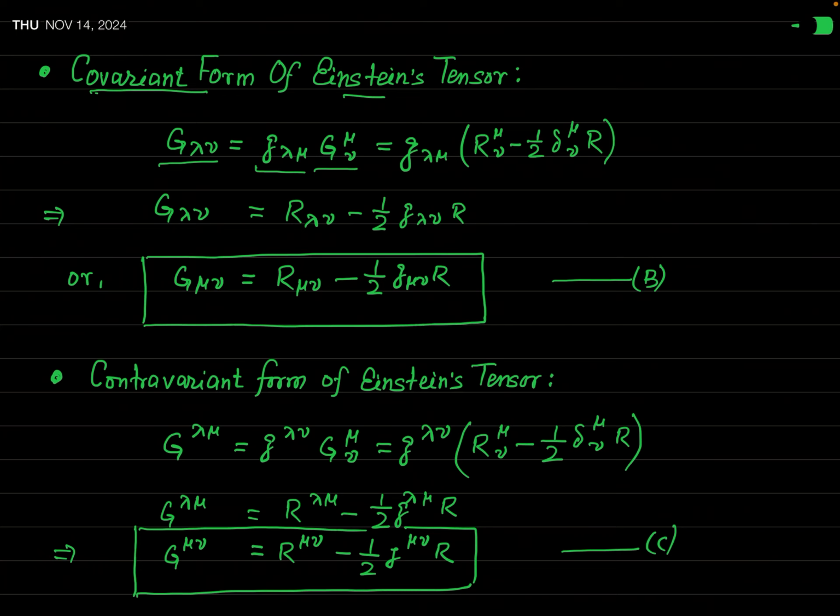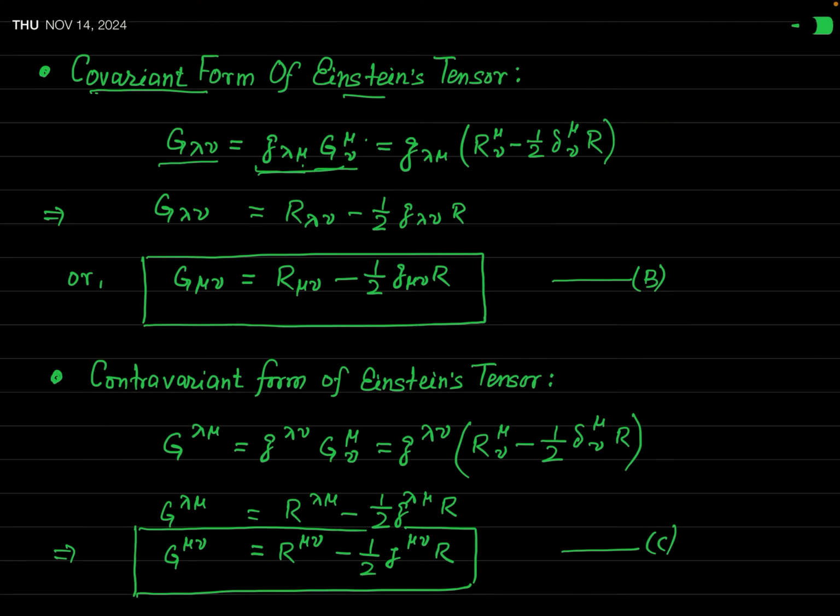You can see the index mu is common, so that will get eliminated, and this will be simply g lambda nu. Okay, and therefore we can write like this.